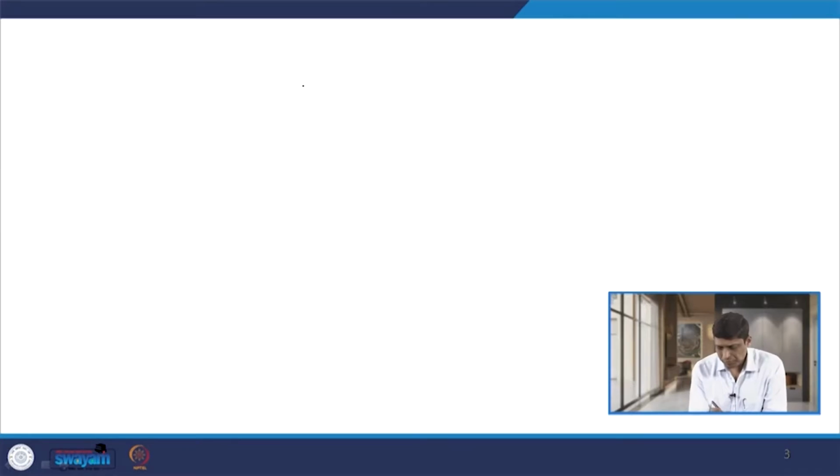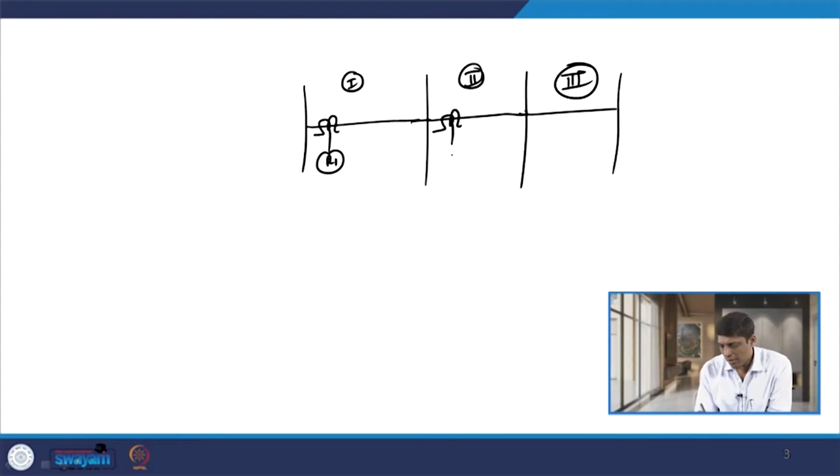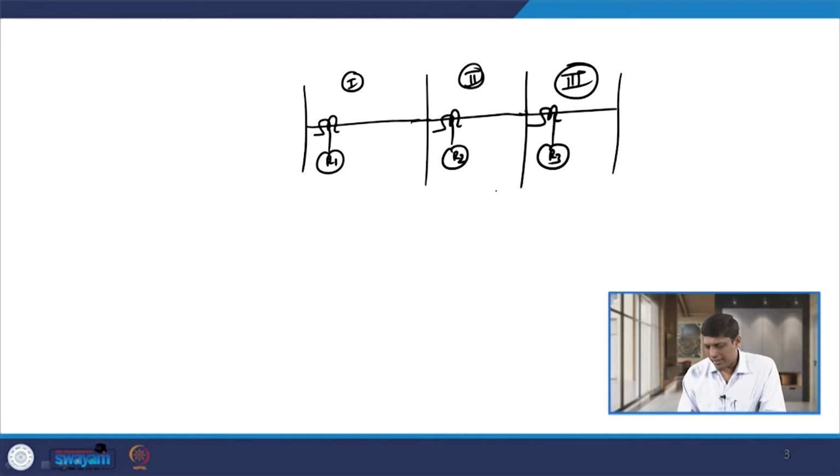So, what is the meaning of this? Let us say we have a multi section radial feeder network. This is section 1, section 2 and section 3. And let us consider we have the relays R1, R2 and R3 connected in sections 1, 2 and 3 respectively. Now, when we decide the time dial setting of relay R3, we have to consider some fault condition, and usually the fault condition we consider is the fault immediately after the relaying point.